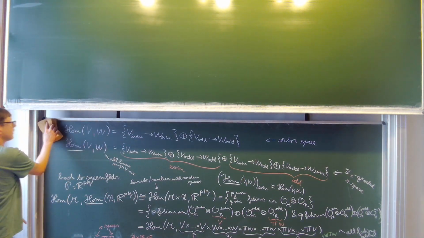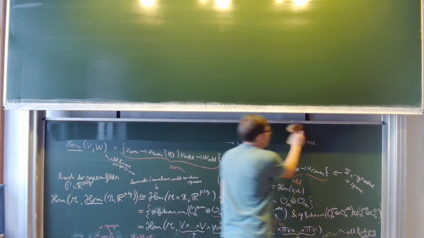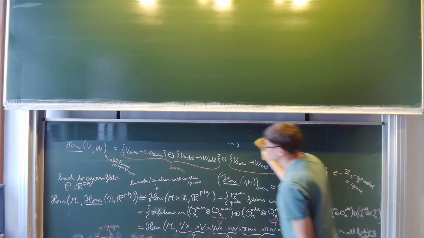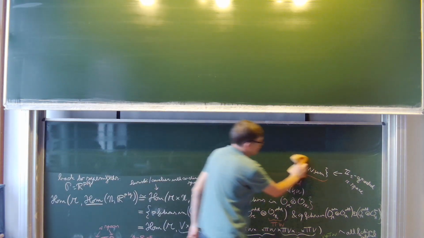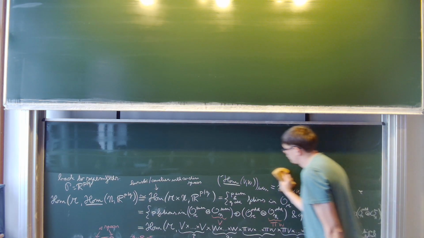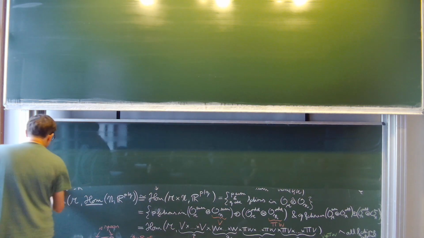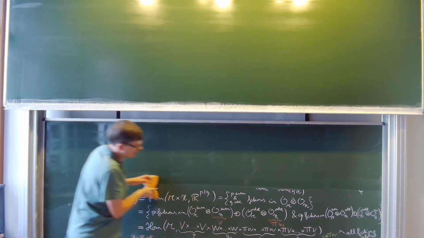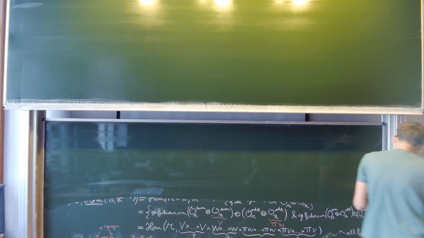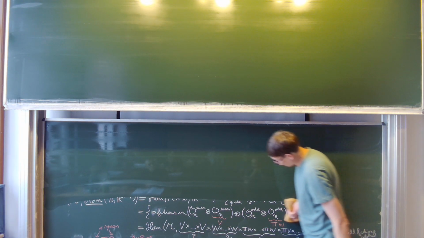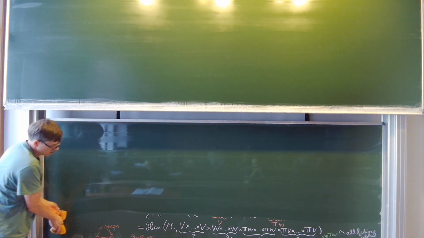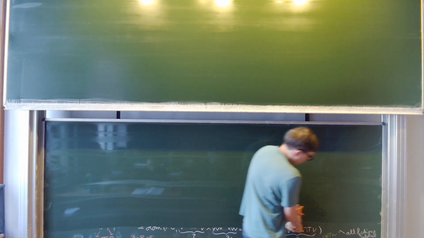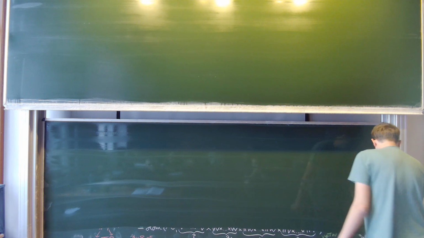Let's just remember the result. These internal homes are interesting spaces. Depending on how the schedule goes, we might not encounter them later on. But in physics, they pop up in various places.